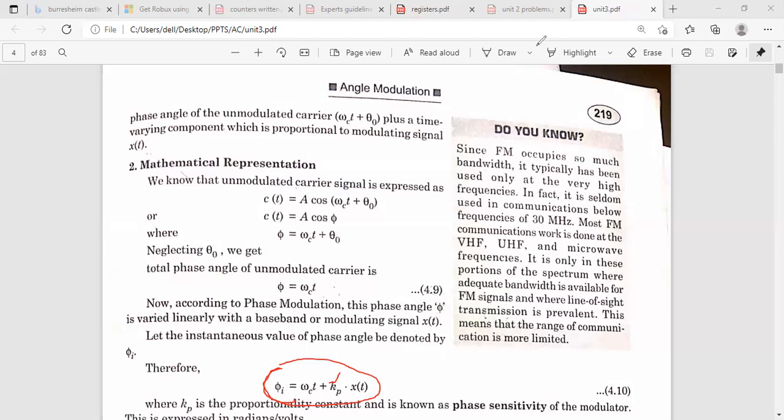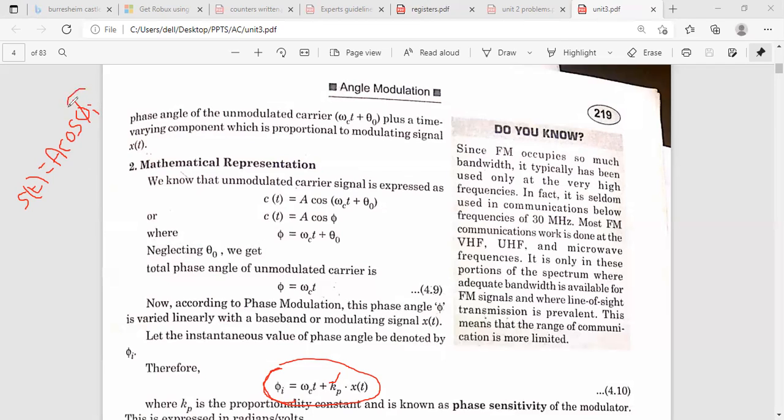Okay, so see here, how are we writing the generalized expression for the modulated wave? In modulation, only the carrier is modulated. But which characteristic of the carrier changes? It may be either frequency or phase. So you can write the total phase angle, I'm writing here phi I, the instantaneous phase angle.